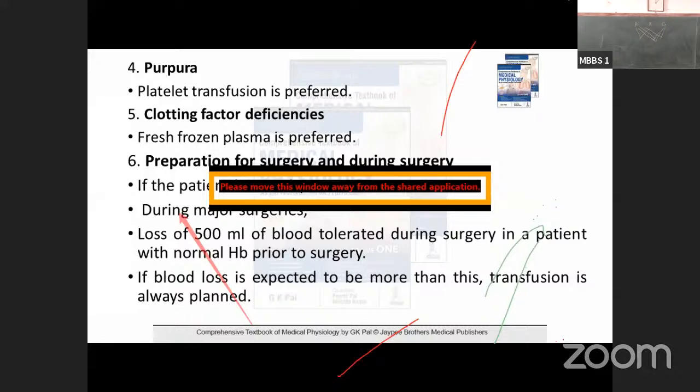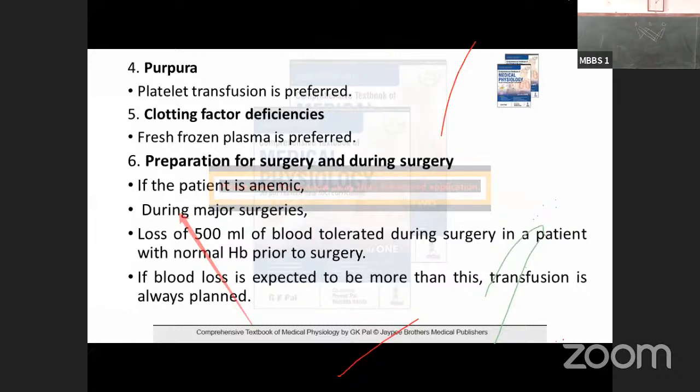Up to 500 ml blood loss is expected during surgery. If we expect more blood loss, more than 500 ml, then we plan the blood transfusion during or before the surgery.